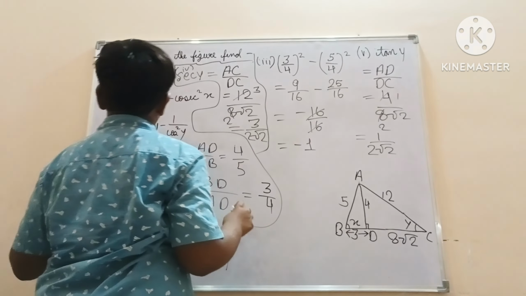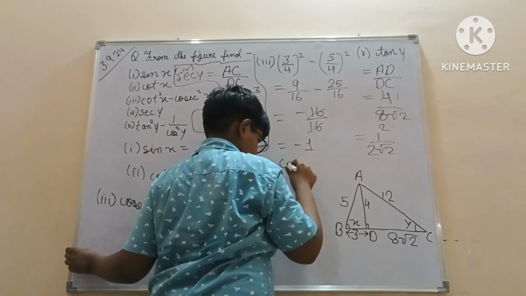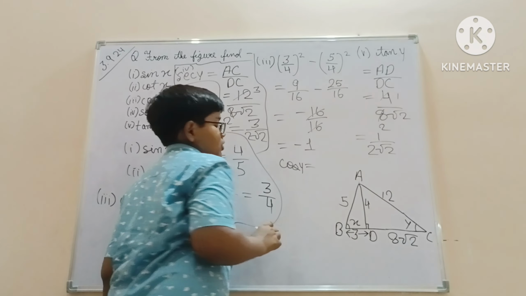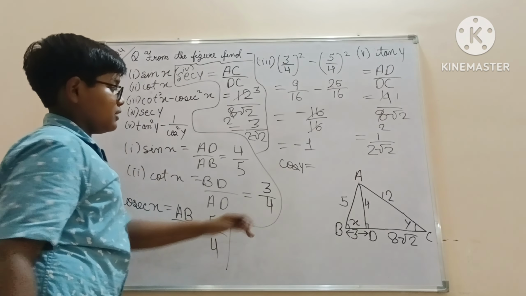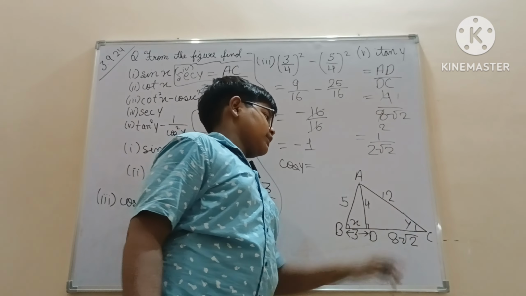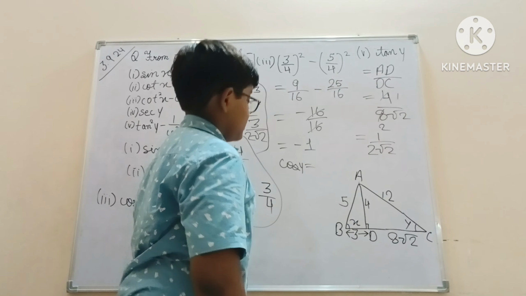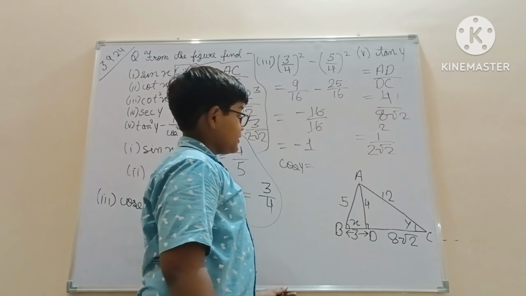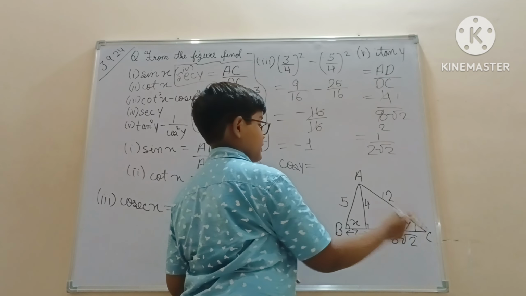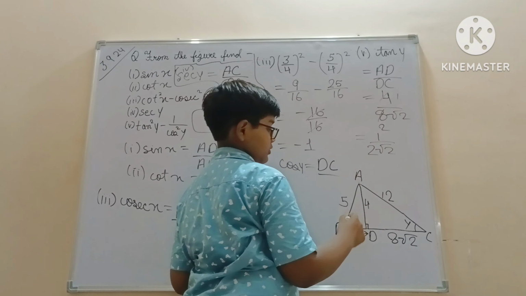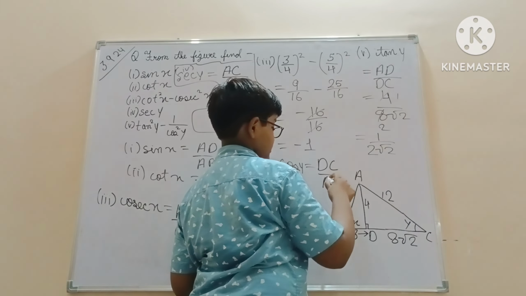And now we will find cos y. So y is written here and y is acute, so this triangle ADC will be referred to. The value of cos is base divided by hypotenuse. So the base of our triangle is DC and the hypotenuse of our triangle is AC.